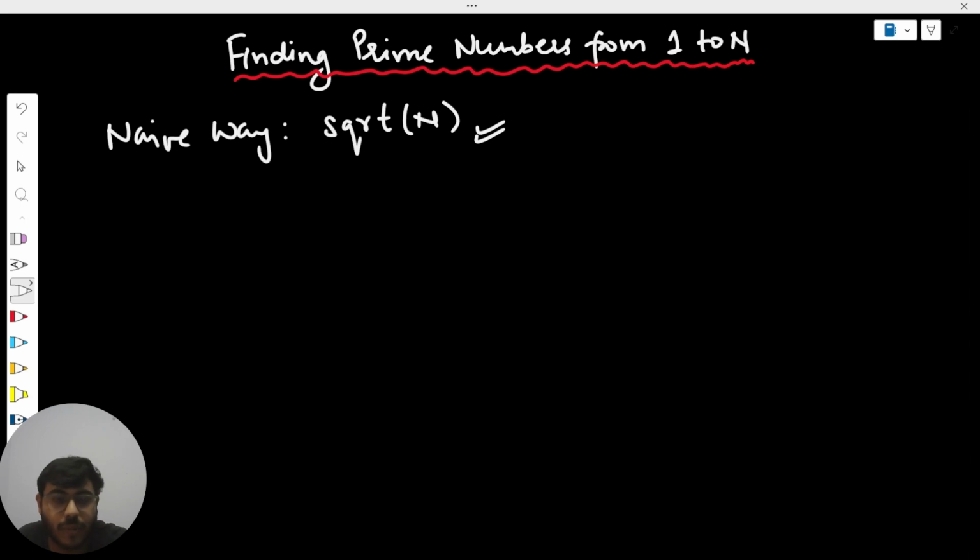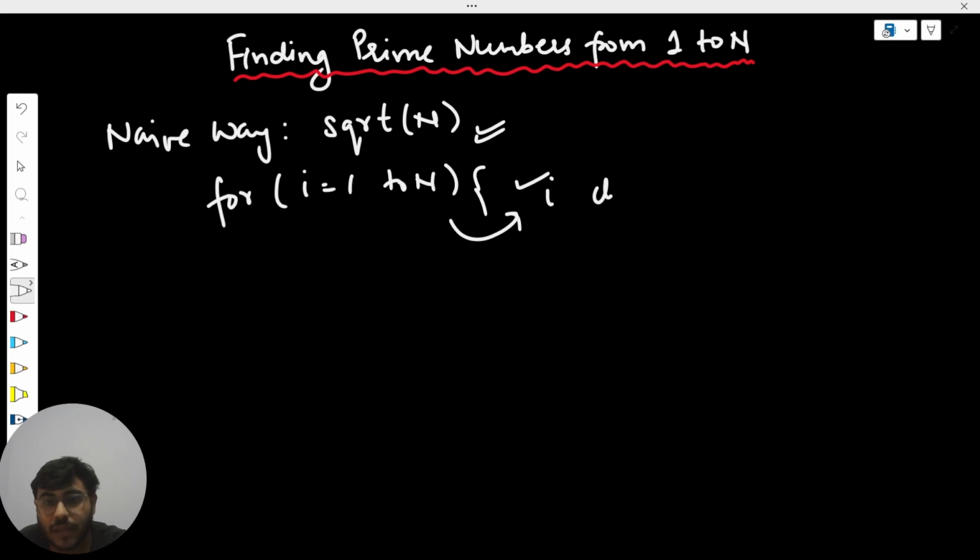So one of the basic ways is to run a loop for i equal to 1 up till n, and for each number i, check if i is prime. If it is prime, then you can push it in your answer vector. That is the naive way that we can approach this problem.